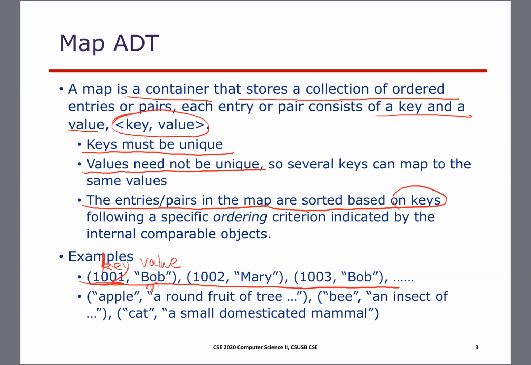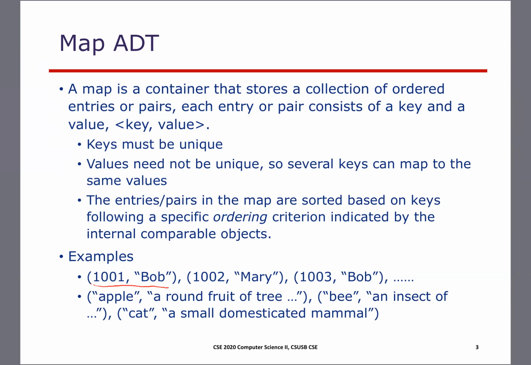In this example, the student with the ID 1001 has the name Bob, and the student with the ID 1003 is also named Bob. So this is okay. But the ID should be unique. So here the keys must be unique, and the values don't have to be unique.